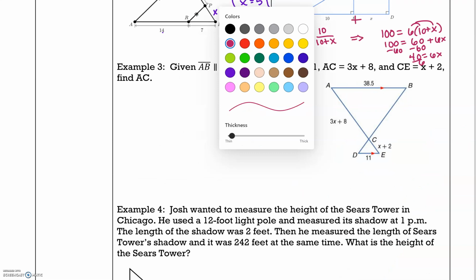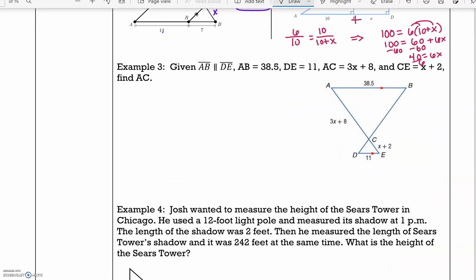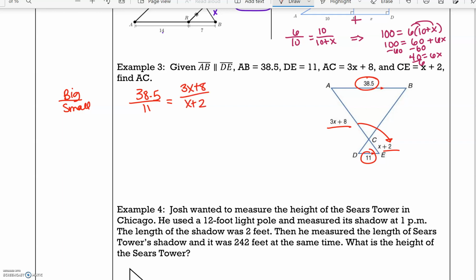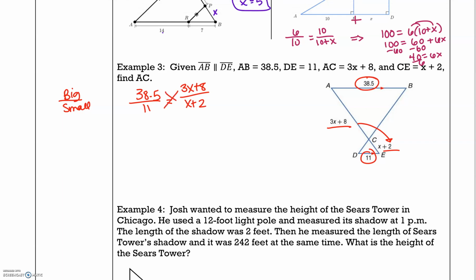So again, I need to determine which direction I'm going for this next one. I'm going to go from the big triangle to the small triangle. So let's go ahead and do base, base. So big over small. And then I need to go big over small, making sure that I go that same direction for each proportion. And then I'm going to cross multiply.